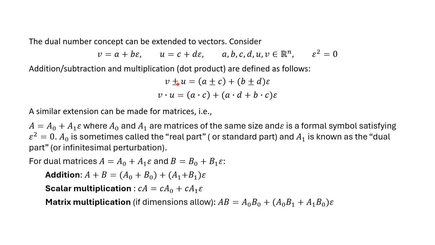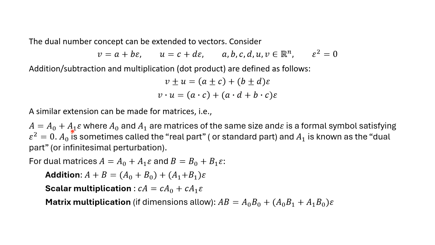And then multiplication, the dot product of u and v, would be a dot product with c, plus a dot product with d, plus b dot product with c, times epsilon. Then the other term, b d epsilon squared, drops out because it would be 0. So that's why it's not part of this formula.